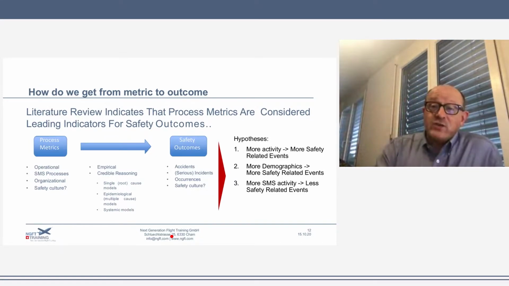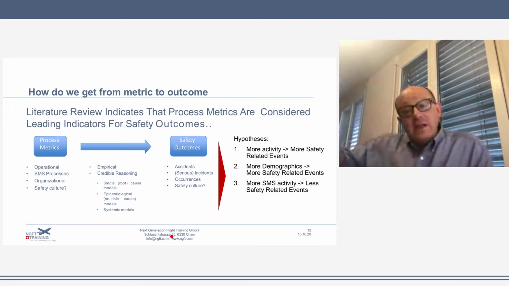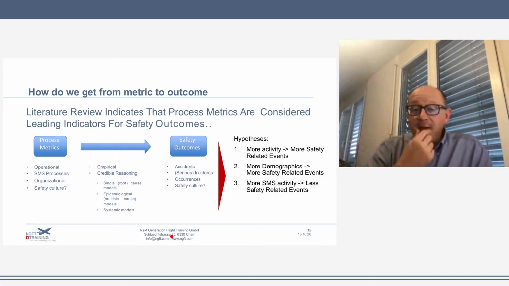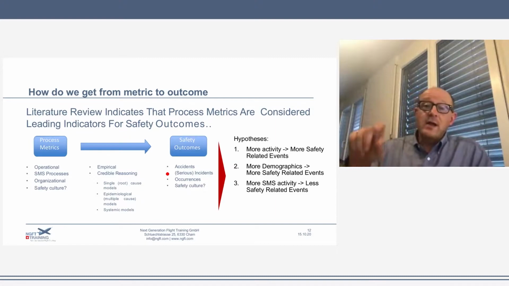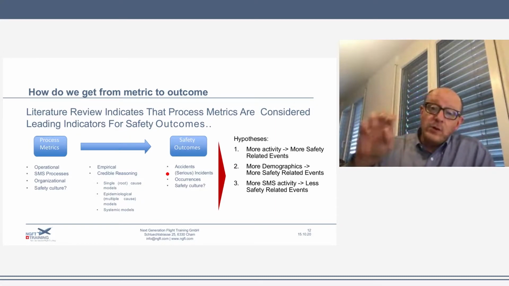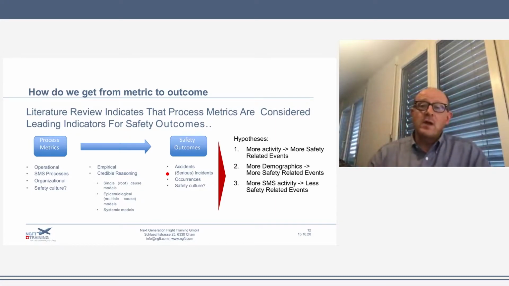What metrics have a direct link to safe outcomes? Obviously, we have operational metrics, we have safety management processes that we can quantify, but then we have to try to get the link to the accidents and occurrences. Now, when we look at an accident report, we have the root cause.